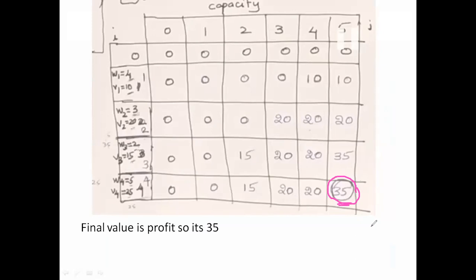When the bag capacity is 5 kg, the maximum profit is 35. Now we are going to find which weights we hold in the bag to get 35.